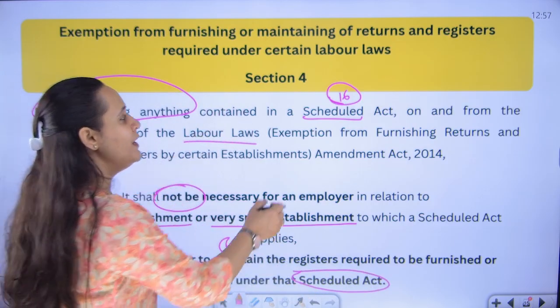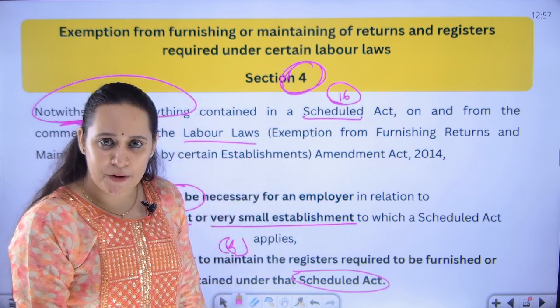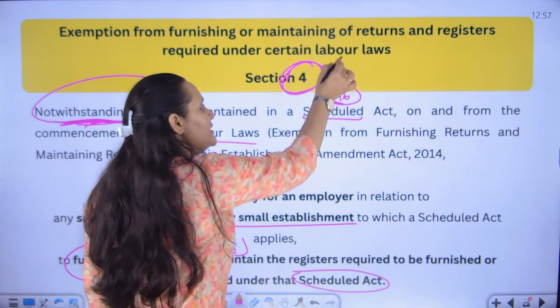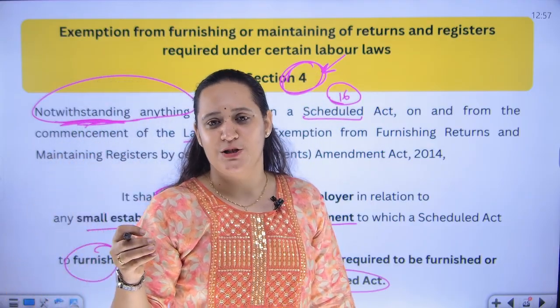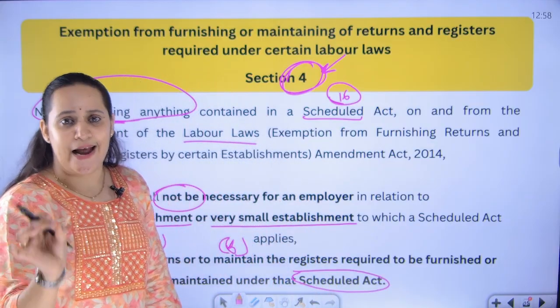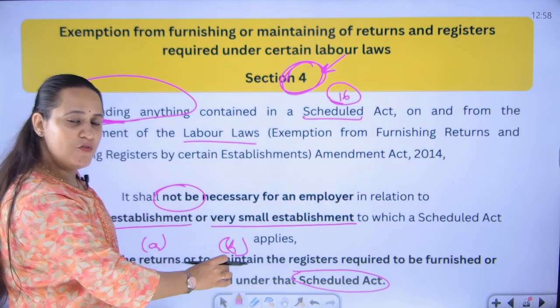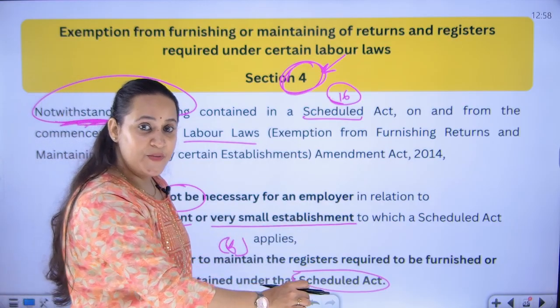So this is the enabling provision. Whatever has been given as the objective of the enactment under the preamble is implemented through this section 4, which says that a small establishment and a very small establishment need not follow the provisions under 16 enactments with respect to filing of annual returns and with respect to maintenance of registers.